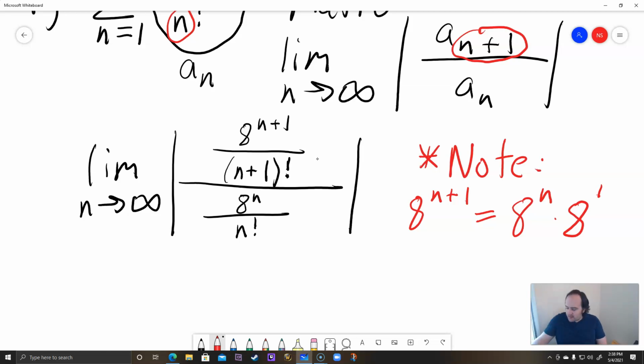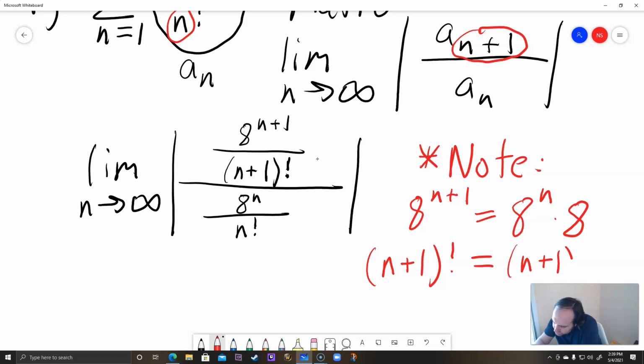And then the other trick here is to realize that n plus 1 factorial is the same as n plus 1 times n factorial. If you don't remember factorial from one of your other courses, the basic idea is that you start at the number that you're at, and then you multiply by each smaller number, going all the way down to 1.